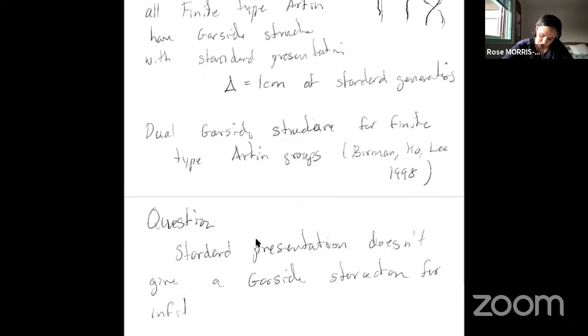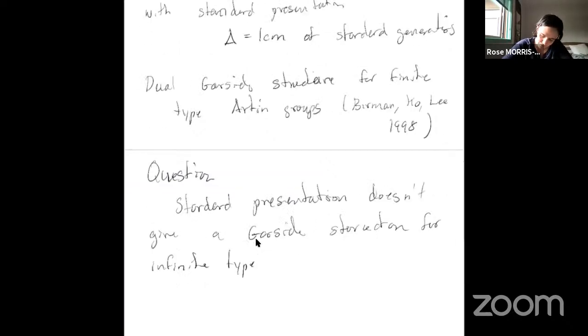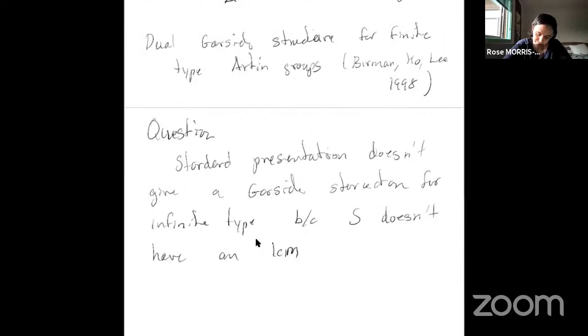For infinite type Artin groups, basically because my set S doesn't have an LCM. So our first candidate for this delta element just isn't there.